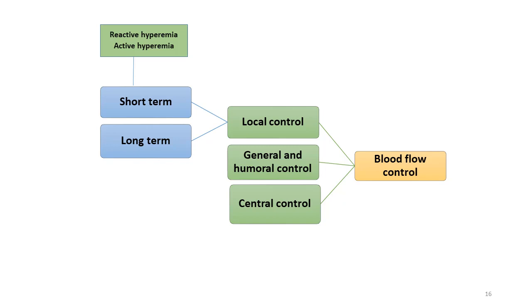It's the return of the blood after any occlusion of blood flow, and it is named reactive hyperemia. Active hyperemia happens during any exercise or any local increase in blood flow. So both of them are short-term local control of blood flow.